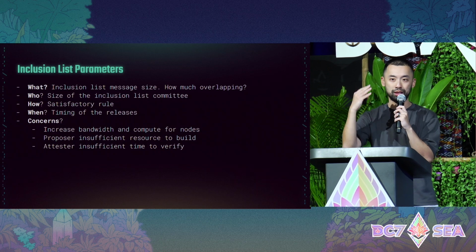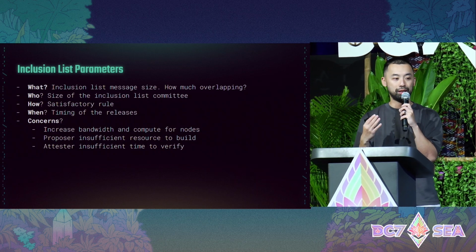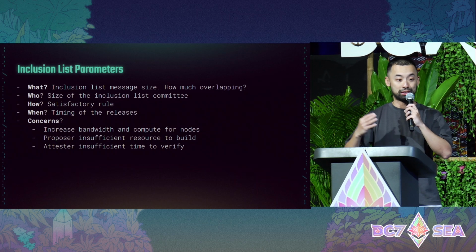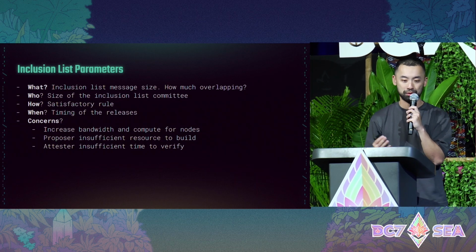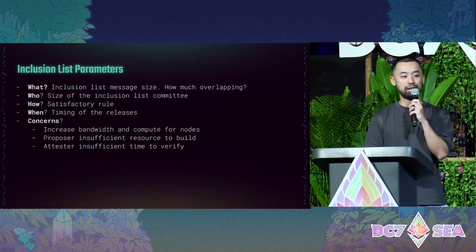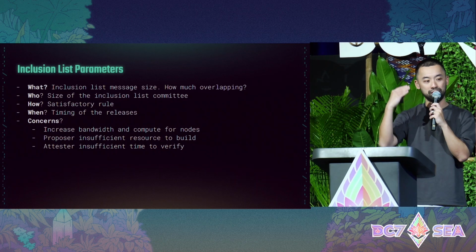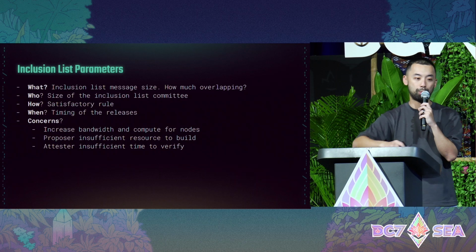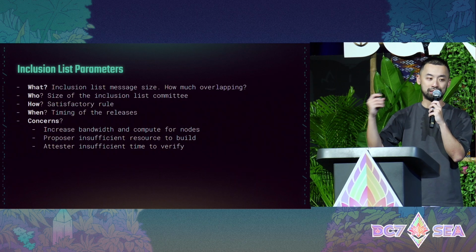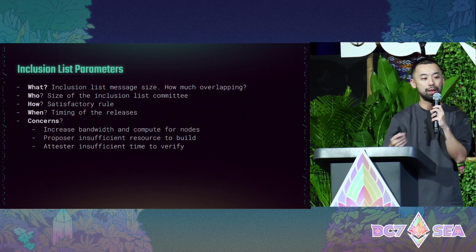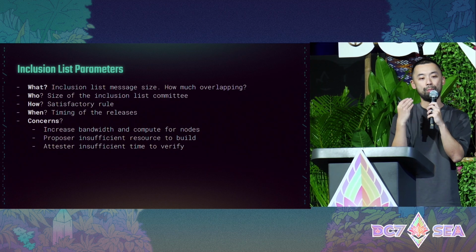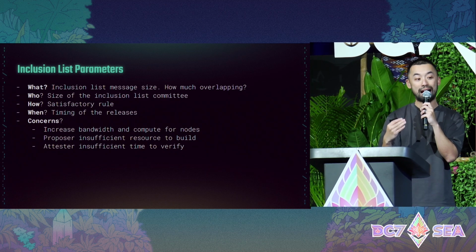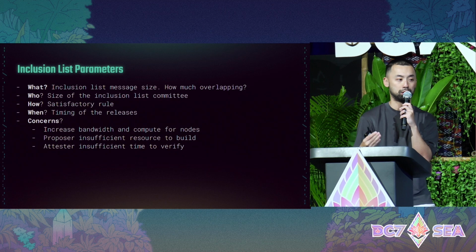We want the committee size to be reasonable, but if the size is too big, again, you open up network DOS concern. And how much overlapping is there within the inclusion list? And then what is the satisfaction rule, right? As a proposer for the next slot, as a tester, I'm verifying the block. Basically, how much of the inclusion list does the proposer have to satisfy for the block to be valid?